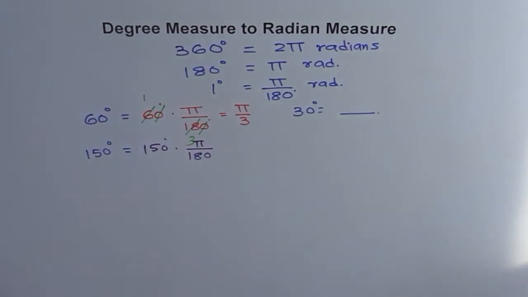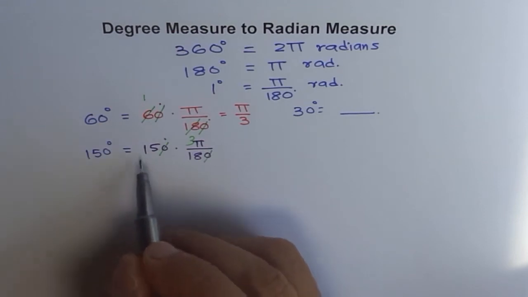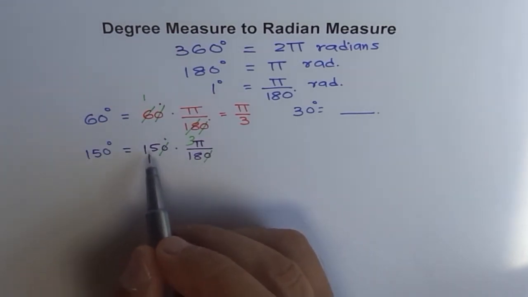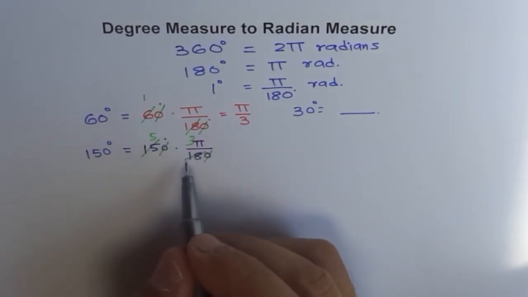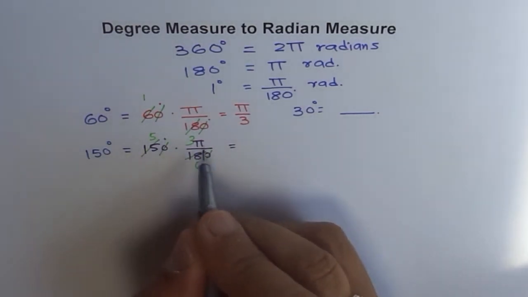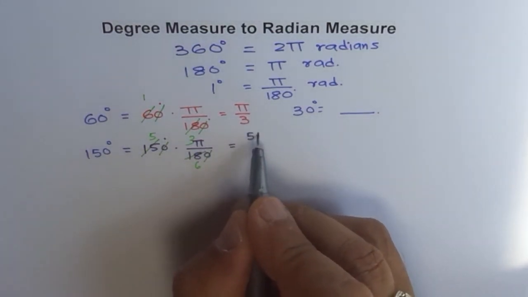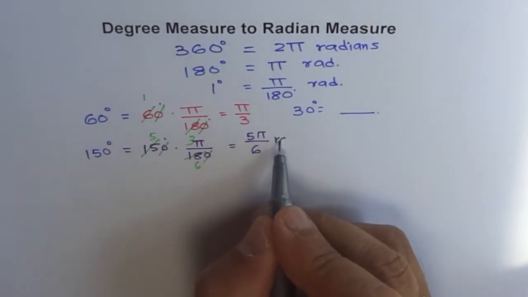We can simplify it, and both can be divided by 3. So 3 times 5 is 15, and 3 times 6 is 18. So we get this equals 5 pi by 6 radians, correct? Let me write radians.